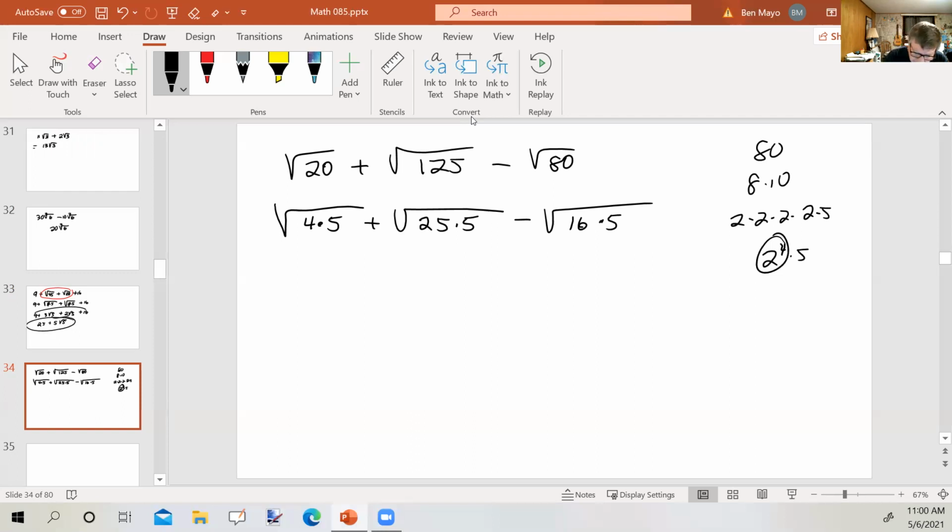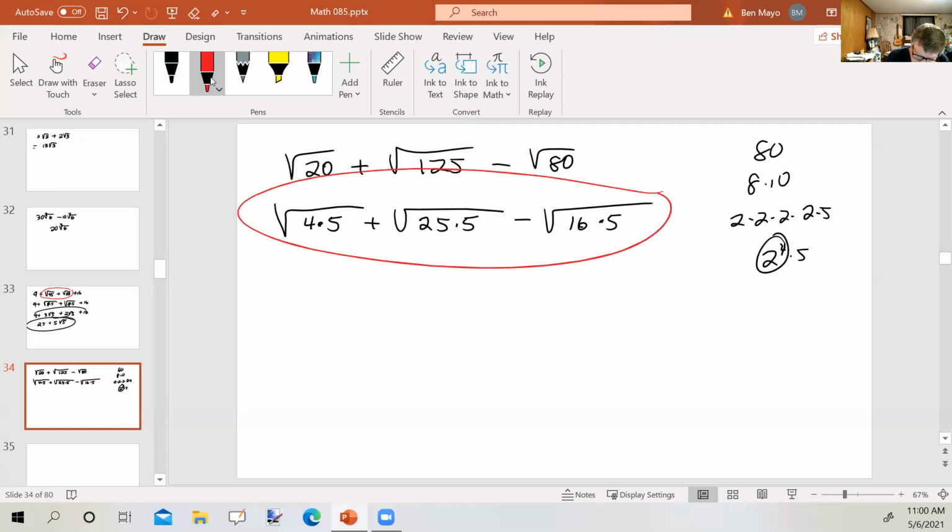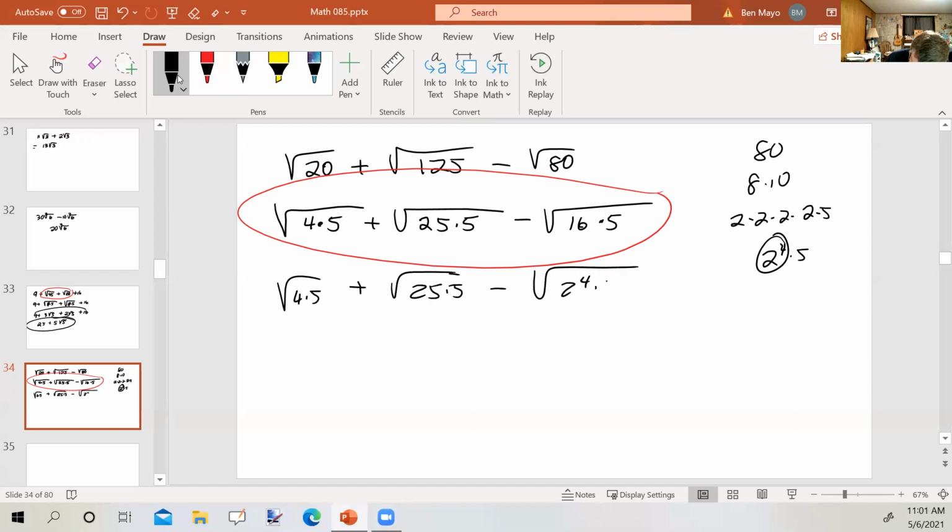Okay, so in other words, instead of writing it like this, I could have written it like this, because this and this are the same, right? Either case, simplifying, I'm going to get 2 square roots of 5 plus 5 square roots of 5 minus, this is going to be what? 4 square roots of 5?